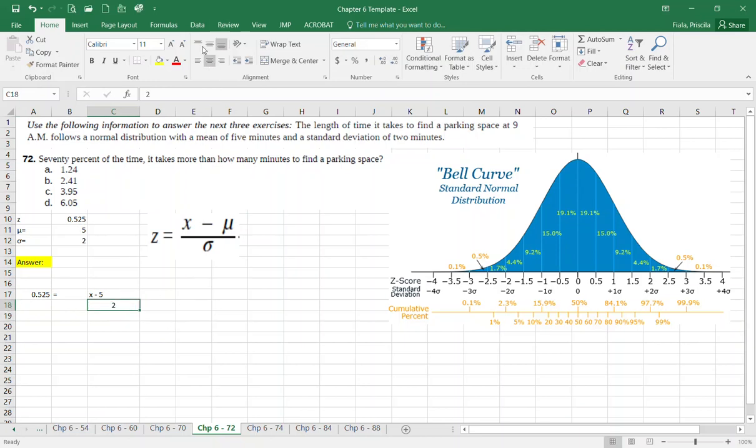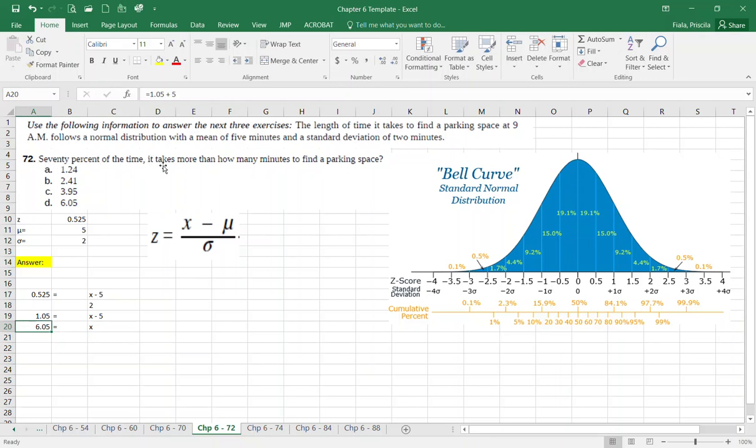I just put the z value, and repeated x minus my mean divided by my standard deviation. 0.525 times 2 equals x minus 5, and then 1.05 plus 5. I'm carrying this 5 over here, so negative becomes positive, equals x.